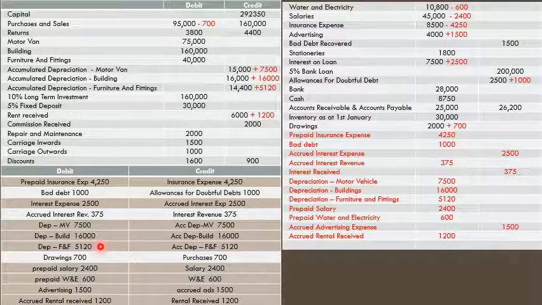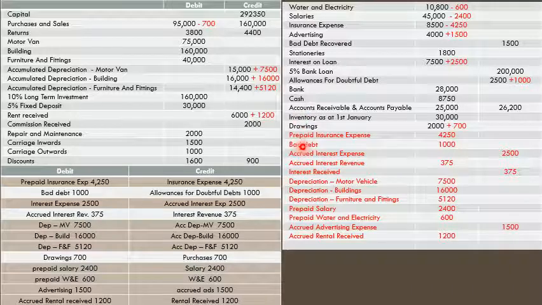Then can we adjust for our trial balance? So bila awak nak adjust for trial balance, awak conteng je dekat soalan tu. For example that you say that debit prepaid insurance expense. So prepaid insurance expense tak ada dalam original trial balance kan.